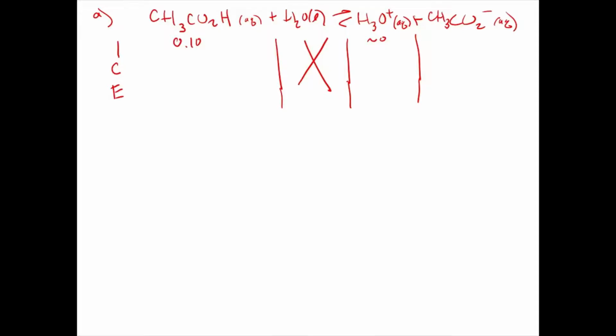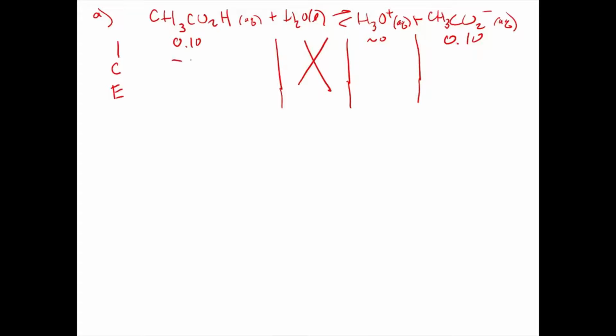Now acetate, for pretty much all the ice tables we've done to this point, we've assumed all of our products were 0. But here, the acetate ion, we had already added it in by doing the salt of it. So we have a starting concentration of acetate.